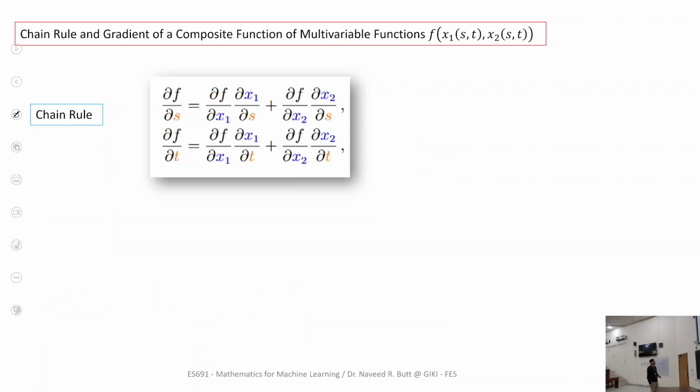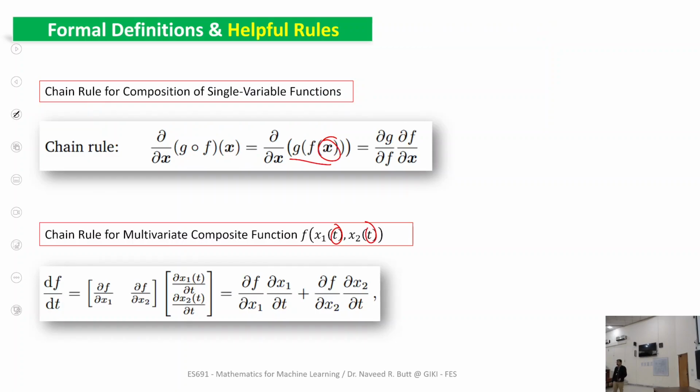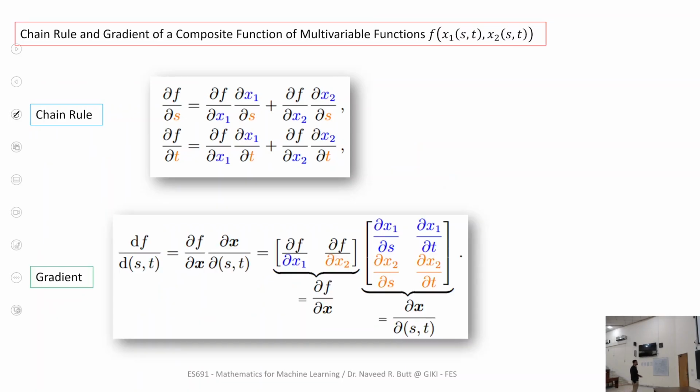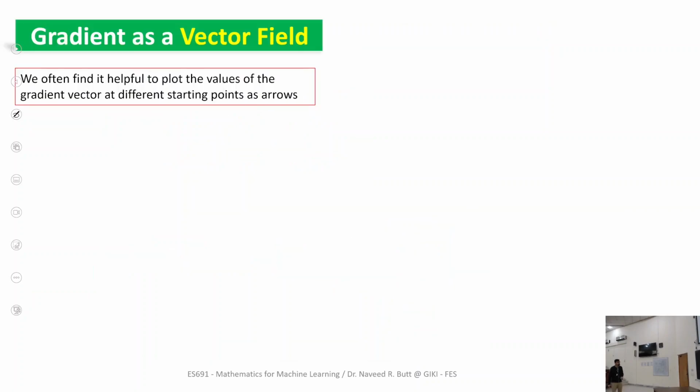Then things get more complicated and more general. Then of course you will first take the partial with respect to s, then the partial with respect to t. Within each you apply exactly the same rule that you saw there. So you have that, and the gradient in that case you can calculate using standard methods.